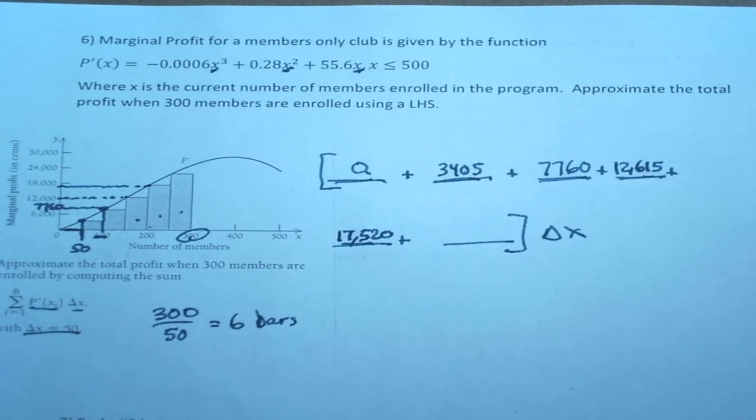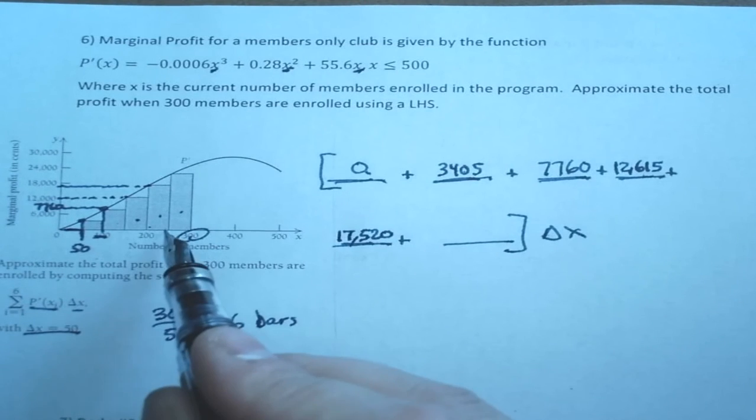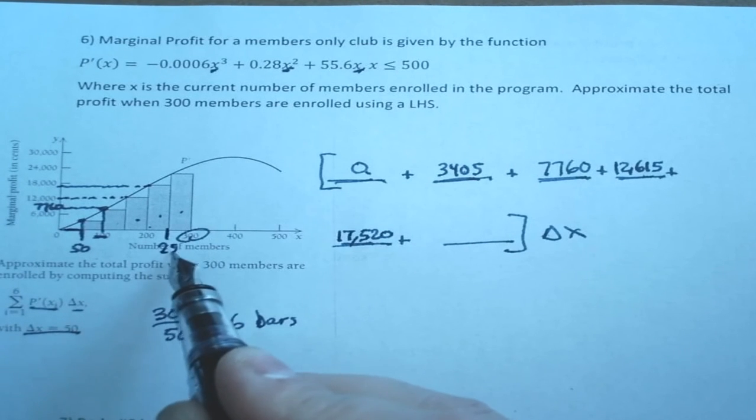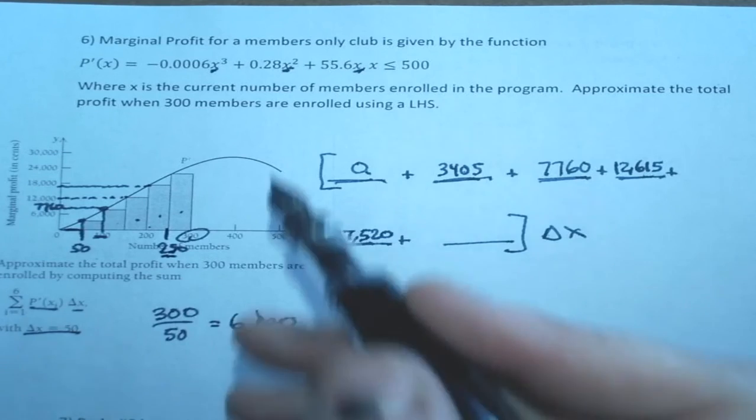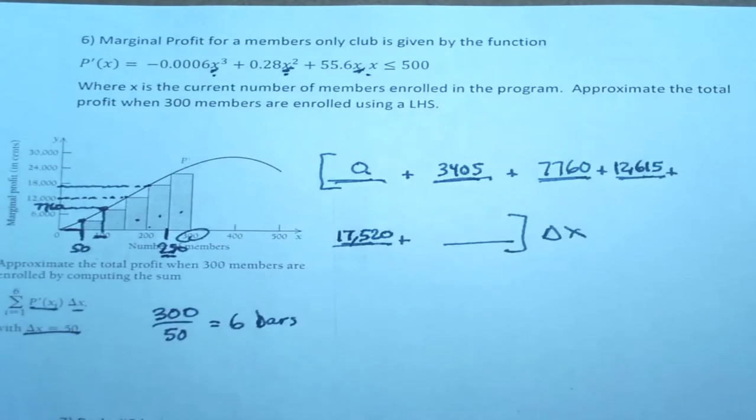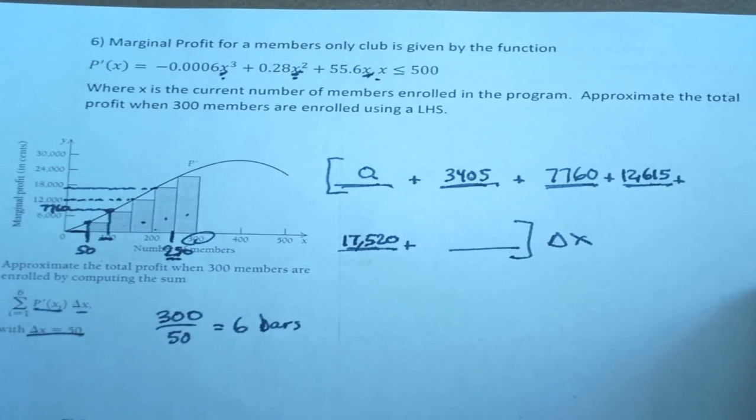What next? Then we do 250. We're going to plug 250 in here, here, and here. So let's type that in: negative 0.0006 times 250 cubed, plus 0.28 times 250 squared, plus 55.6 times 250.